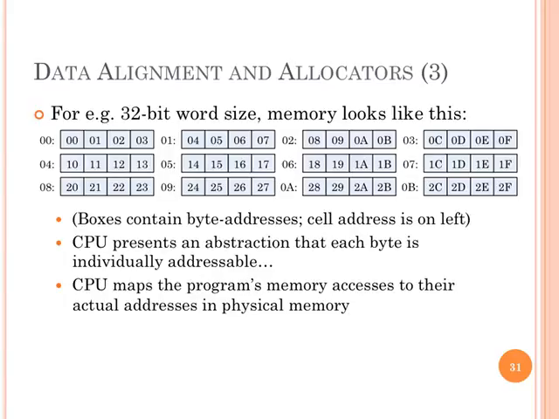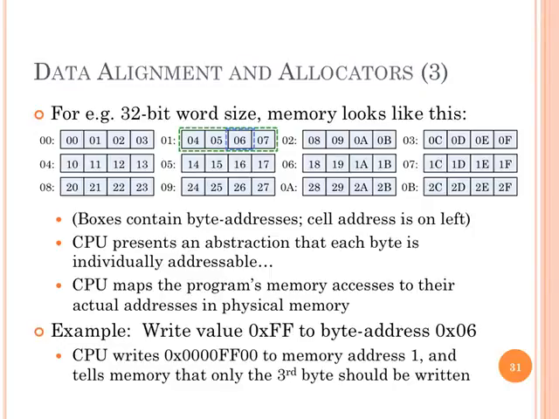And the addresses to the left of each cell, those are the addresses the processor has to send out. But our programs use the addresses inside the boxes. So I access address 19 hexadecimal or 1E hexadecimal. That's what my program does, and then the processor turns that into address 6 or 7 to access the corresponding cell. Okay?